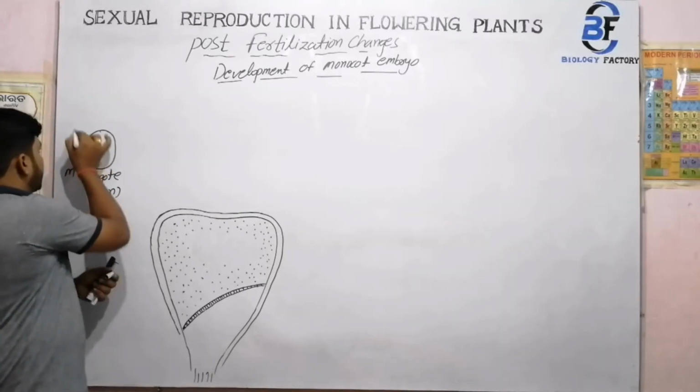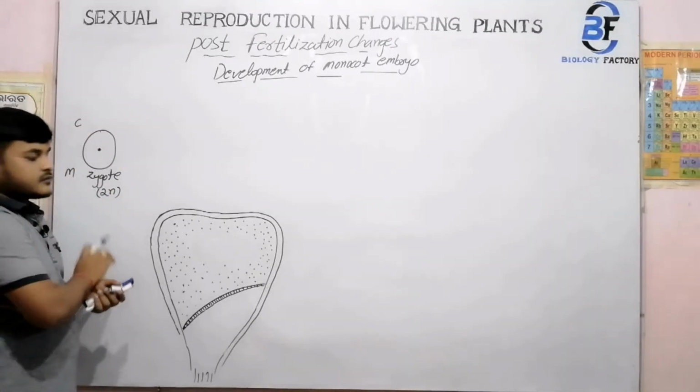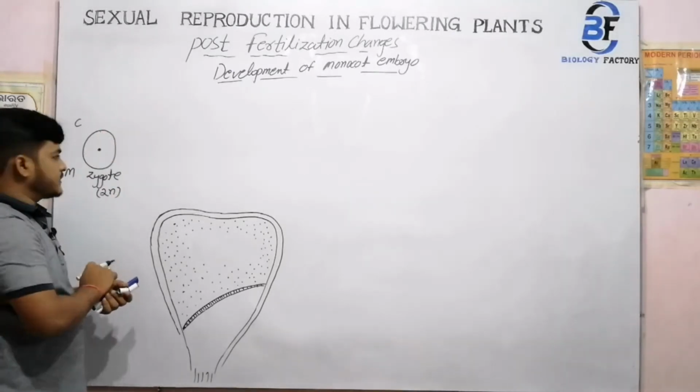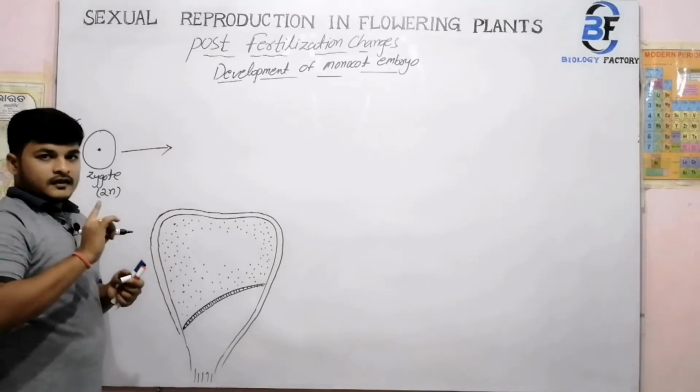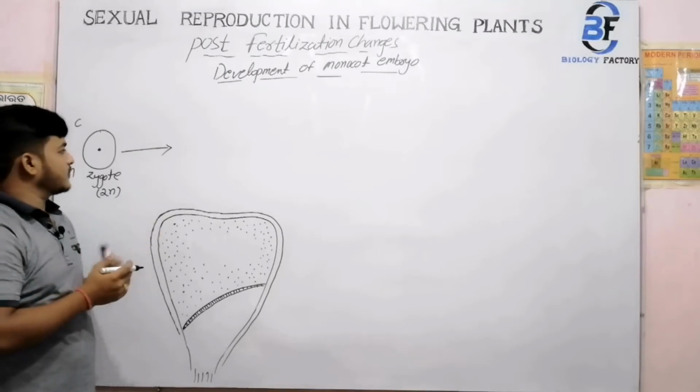I also told you that whenever you draw this type of diagram, just mention the ends, that means the micropyle and the chalazal end. Next, the division takes place. The same thing happens in the dicot embryo.